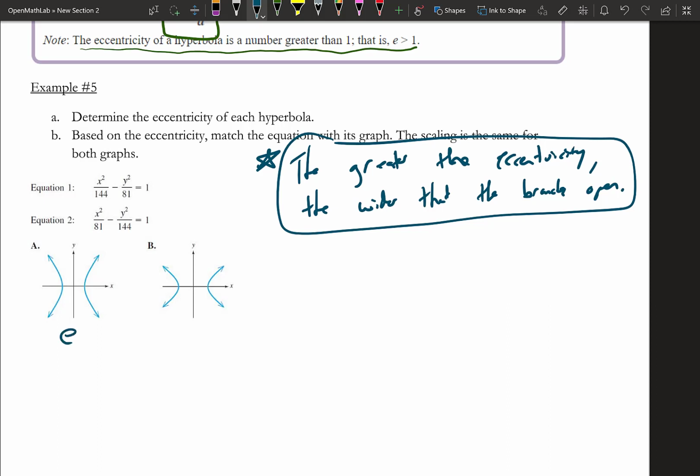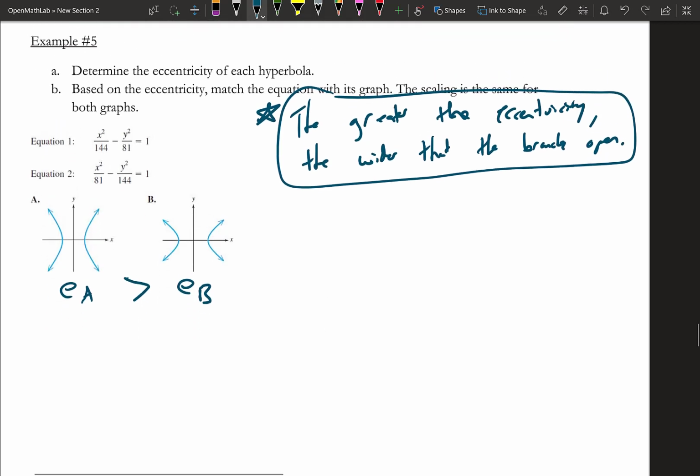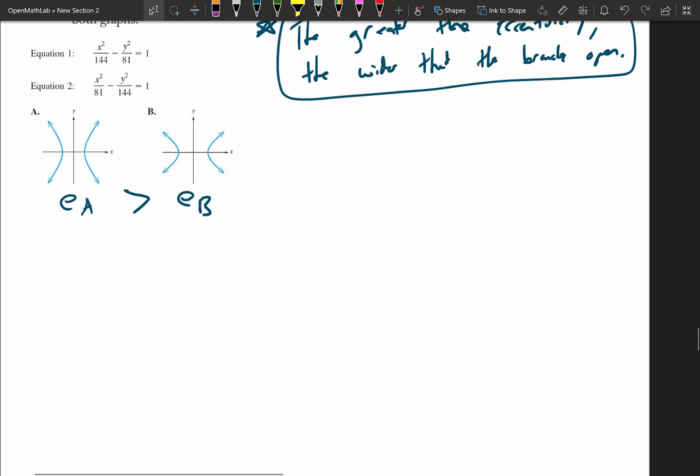So the eccentricity of graph A is going to be greater than the eccentricity of graph B. Working with both equations, we just want to find what those values are so we can figure out the graphs.